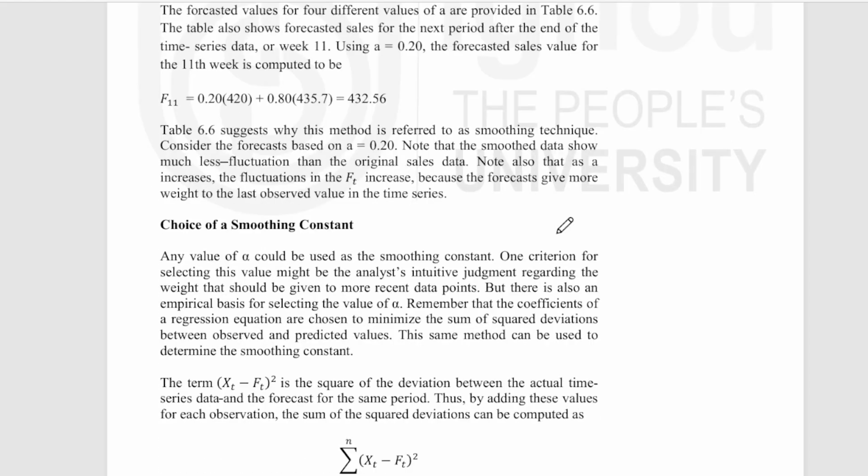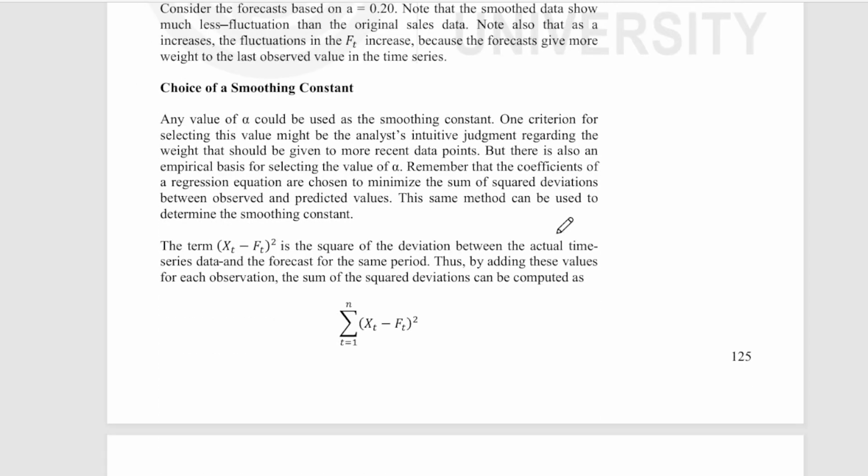And next is the choice of the smoothing constant, and any value of this could be used as the smoothing constant. Okay, and one criterion for selecting this value might be the analyst's intuitive judgment regarding the weight that should be given to more recent data points, but there is also an empirical basis for selecting the value.